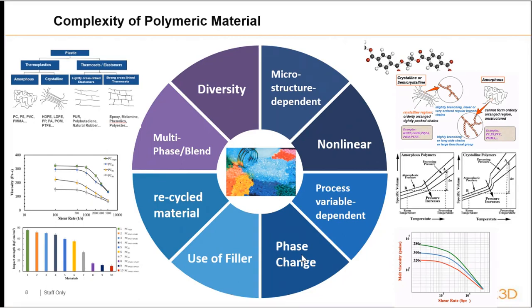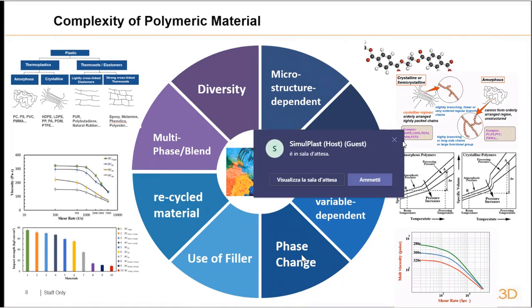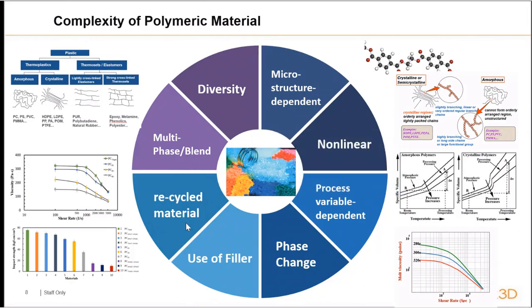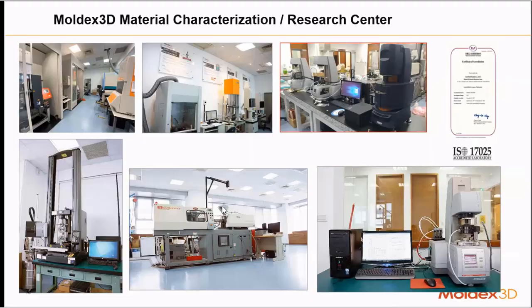So it involves melting and solidification. There is also the use of fillers and recycled material, and in some cases the polymer itself is a multi-phase polymer system, or it involves some polyblend, so there is more than one polymer in the system. This makes polymer properties even more complicated than traditional materials such as metal or organic materials.